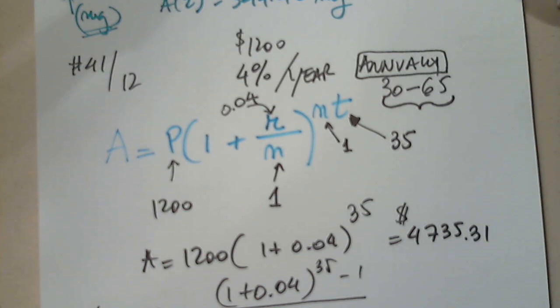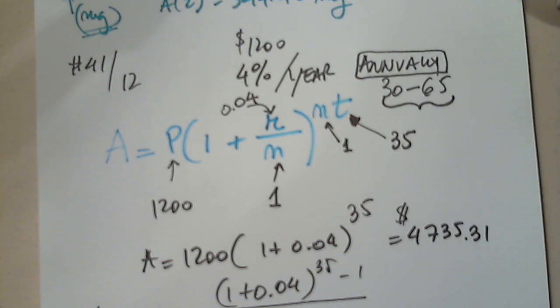So here it is. So 1,200 stays outside. No problem there. We have to put parentheses around the numerator. And then parentheses again for, although since the calculation is just 1 plus 0.04, I can write it without parentheses. Caret, power 35.